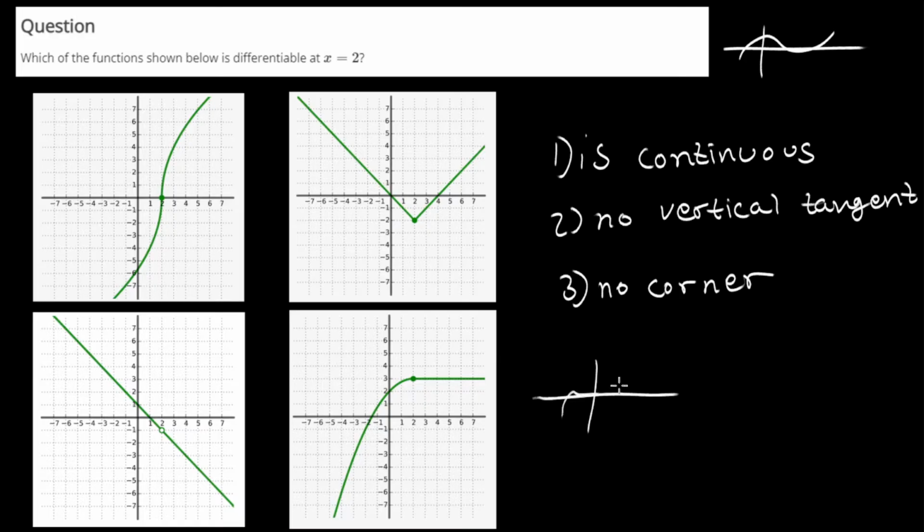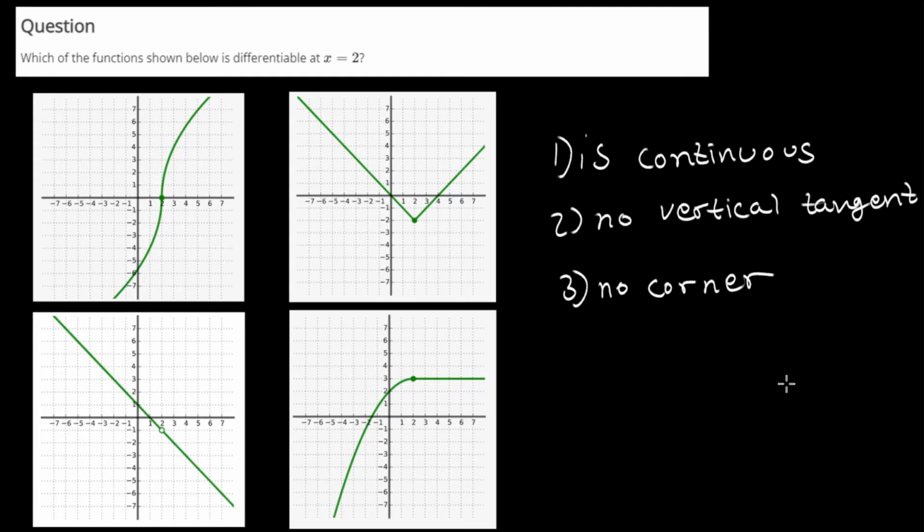This is not a continuous function because it jumps, and this is also not a continuous function because it has a hole right there. Okay, so now we know what a continuous function is, and any differentiable function is continuous. It must be continuous in order for it to be differentiable.